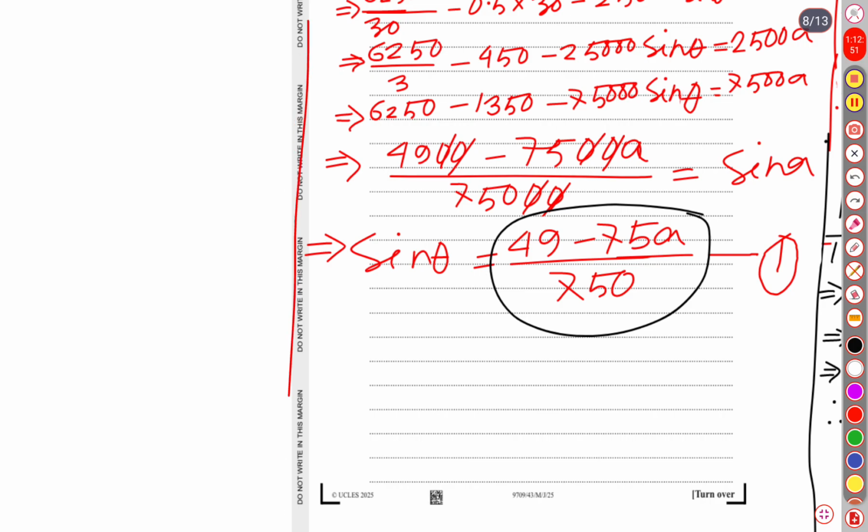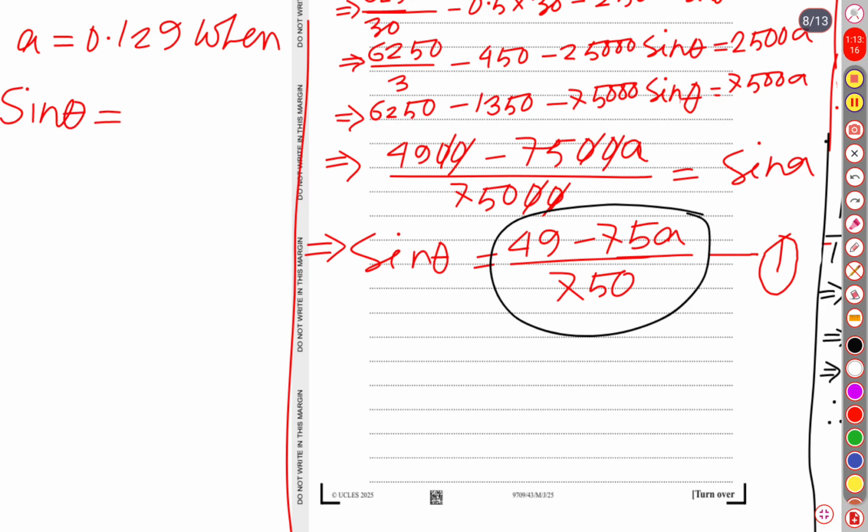We will write that a is equal to 0.129, when sine theta is equal to, we are using the first equation, sine theta is equal to what? 49 minus 75 into 0.129.